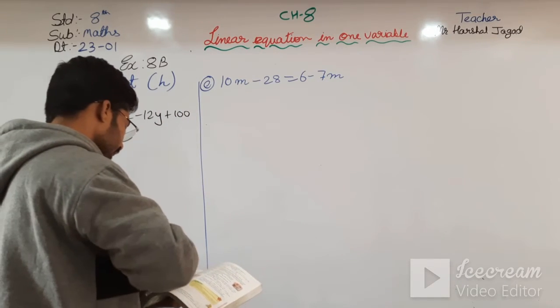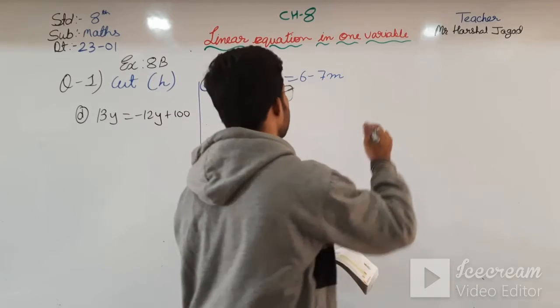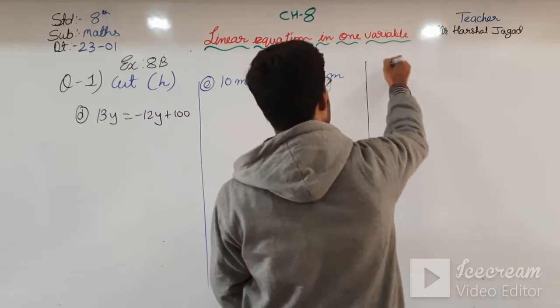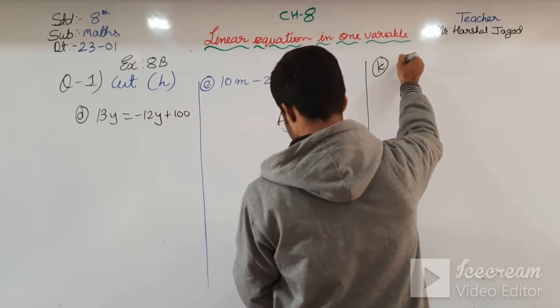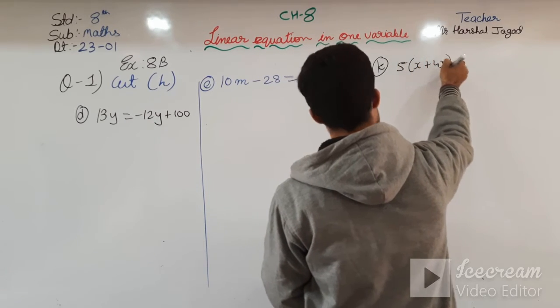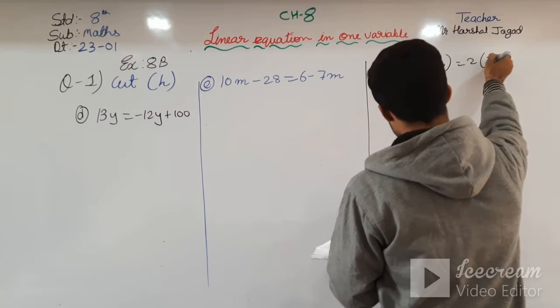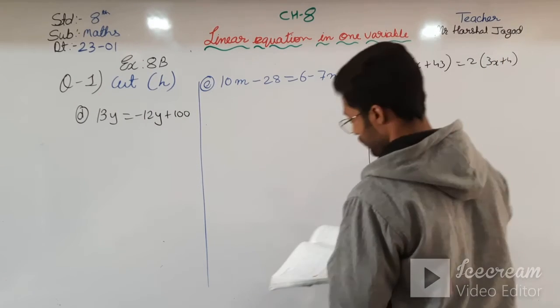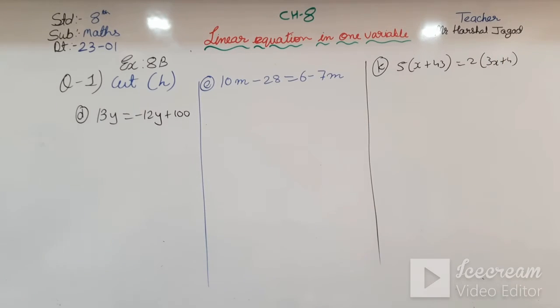Then the last one, that is k, 5x plus 43 is equal to 2, 3x plus 4. Okay, so let us do that.